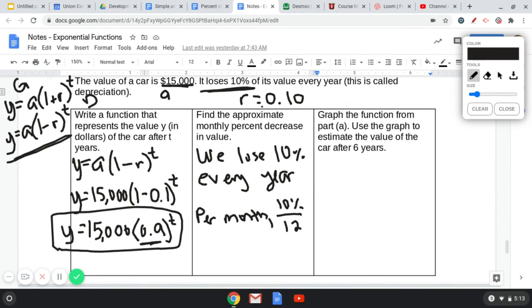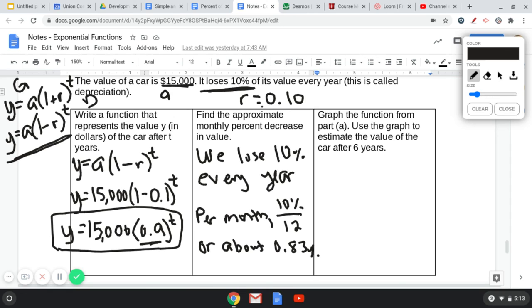In class, 10 divided by 12 will be about, I guess I should write it. Per month, 10/12%, or about 0.83%. So you lose about 0.83% value every single month that you have this car.